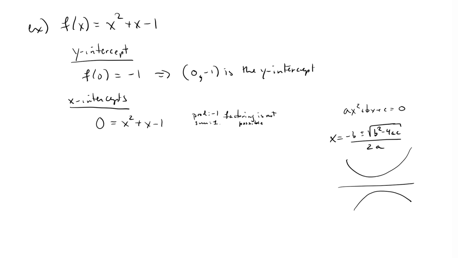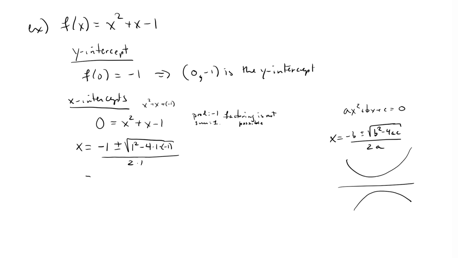So let's see here. x is minus b, so minus 1, plus or minus the square root of b squared, so 1 squared, minus 4 times a, which is 1, times c. c is minus 1 here. Careful: in your head, you should rewrite the expression by putting plus signs everywhere, so your a, your b, your c will incorporate the negative sign if there's a subtraction going on. 2a is 2 times 1.